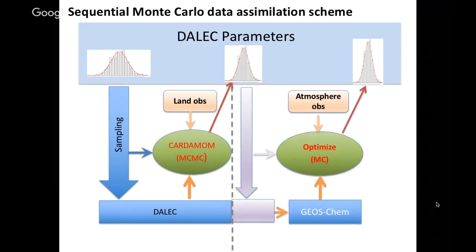So for the model distribution, we drive this biosphere model, generate the NEE, and then the NEE drives GeoScan, so we can simulate the atmospheric concentration and compare to the observation. Then we get a further refinement of these parameter distributions.